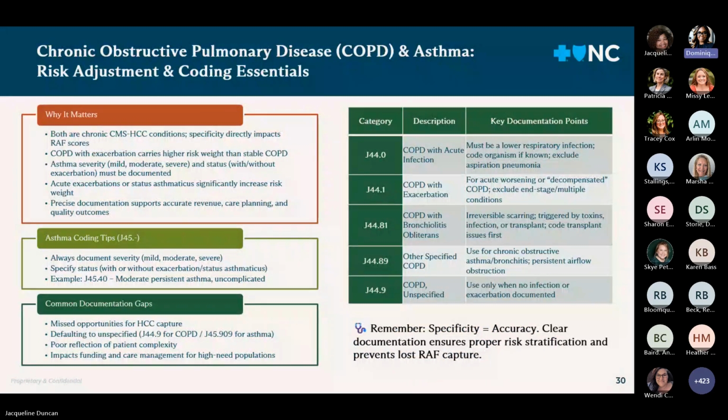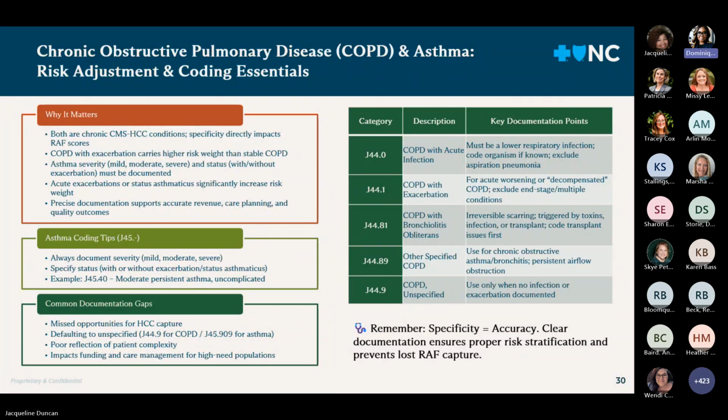COPD and asthma are common chronic respiratory conditions that often appear on audit lists because providers may document them without the level of specificity needed for accurate risk adjustment. While both conditions map to CMS HCC codes, RAF impact varies based on the detail.